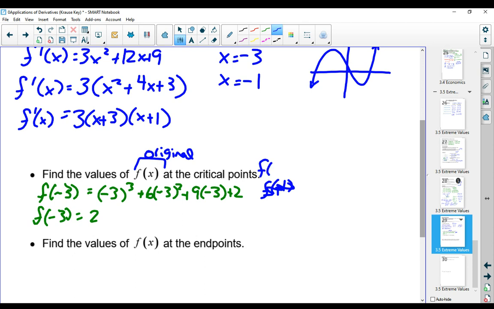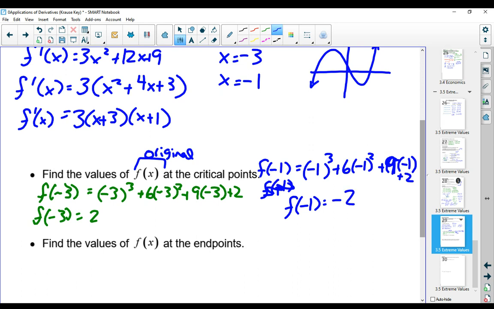So f of negative 1 would be negative 1 cubed plus 6 times negative 1 squared plus 9 times negative 1 plus 2. f of negative 1 would be negative 2. So if I was to write out those coordinates right now, I've got negative 3 comma 2 and negative 1 comma negative 2.